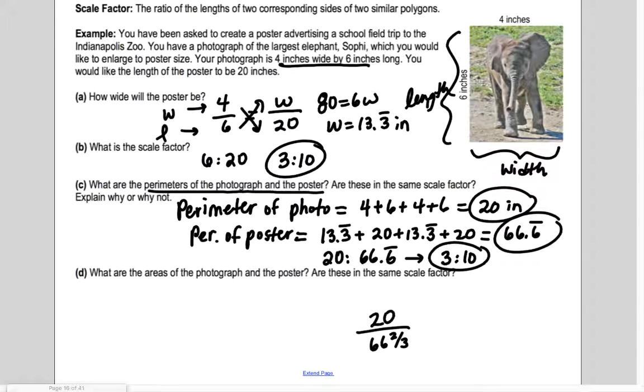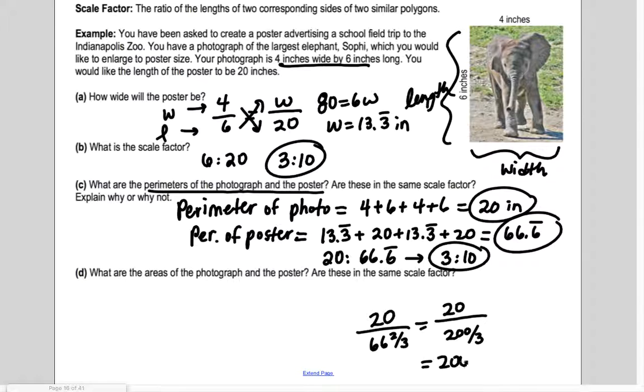So what I was saying is the 66 2/3, you can write that as an improper fraction if you want. What would I do if I was trying to change this into something over another number? 66 times 3. Yeah. 66 times 3 plus 2, we get 200 over 3.